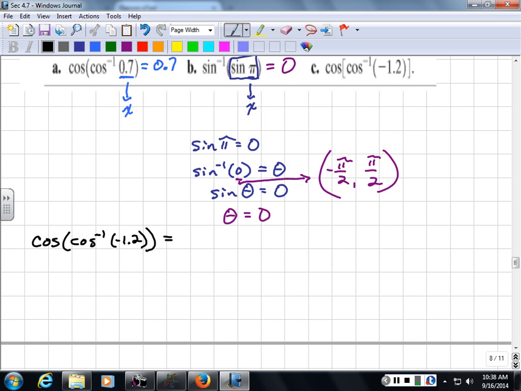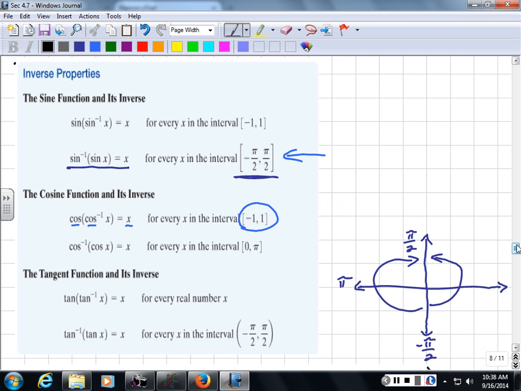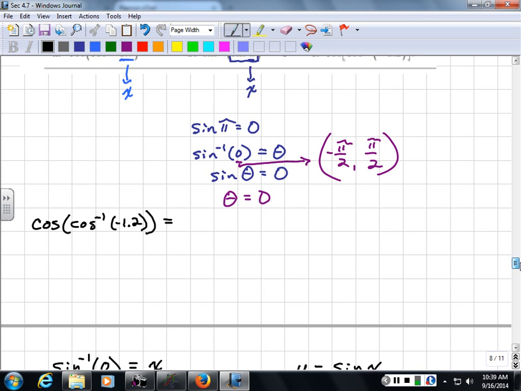Because negative 1.2 does not fall in the range available for our function. And I said that when we were first talking about it, right? I said if it is less than negative 1 or greater than 1, I can't find it. Try it on your calculator, see what you get. You get an error. And it depends on the calculator. It'll tell you undefined, error, whatever. Okay? So this one's undefined. But did I need a calculator for it? No.